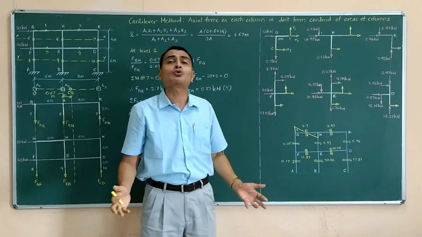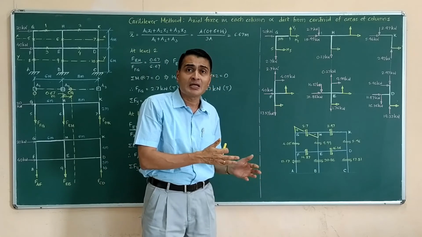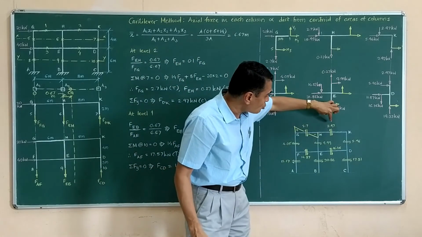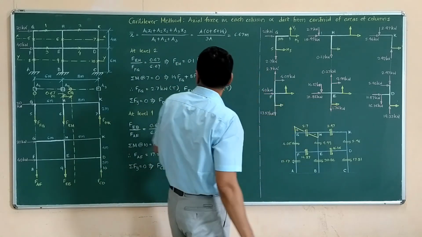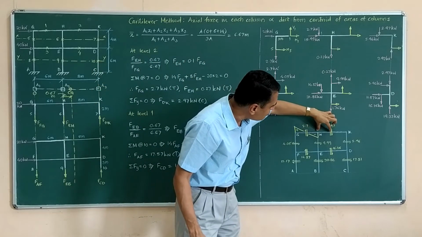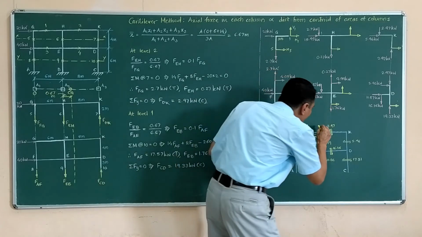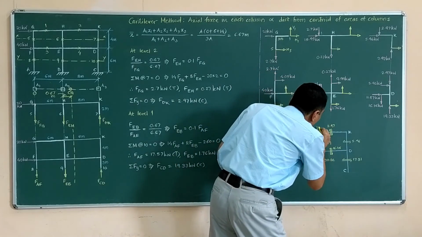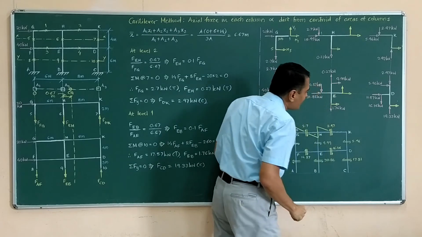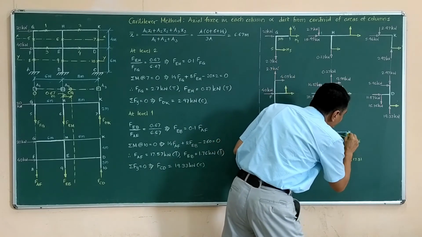Again we are back to the similar exercise that we did in Portal method. Similarly, this is 2.97, this total distance is 8, means half the distance is 4 meters. So 2.97 multiplied by 4, I am getting sagging bending moment here, linear variation, 0 at point of inflection, linear variation.